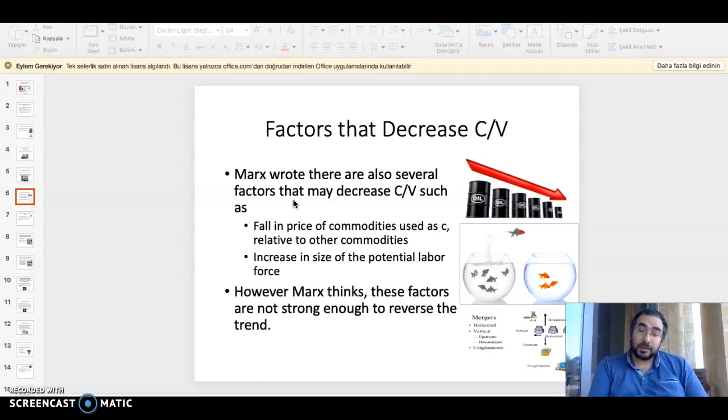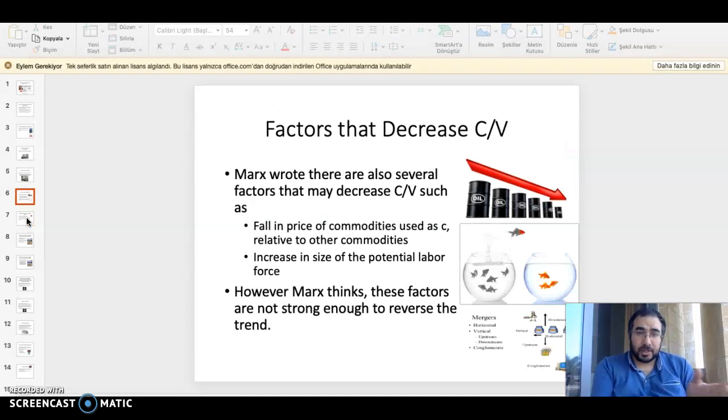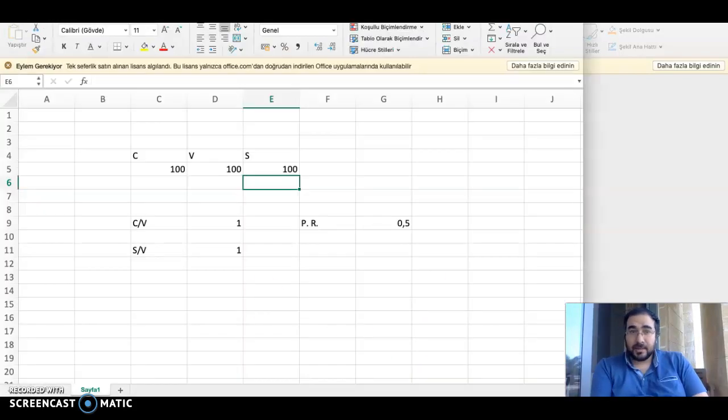Before we go further, I want to show you a little bit of math, and also what it means for the whole economy, what C over V means, what constant capital means, and what variable capital and surplus value also mean.